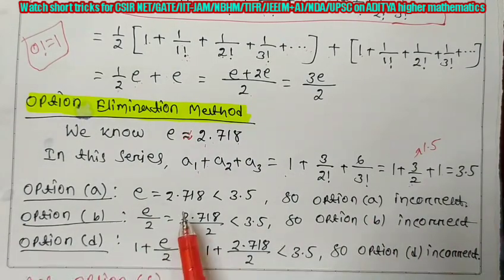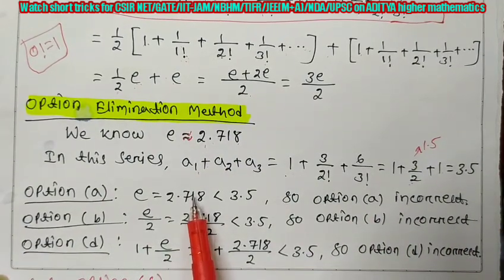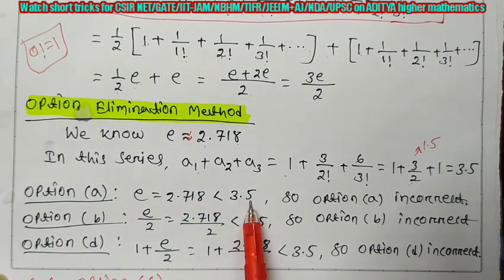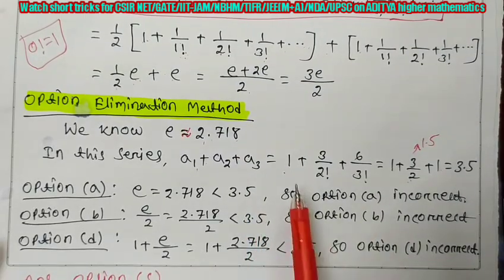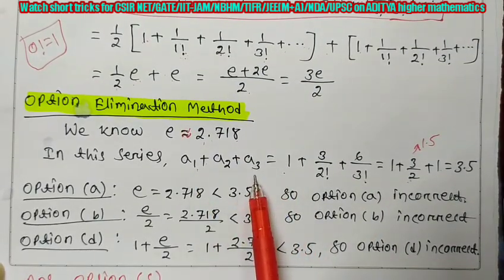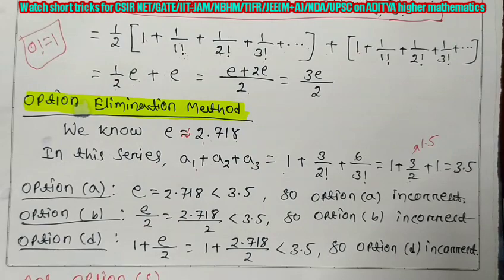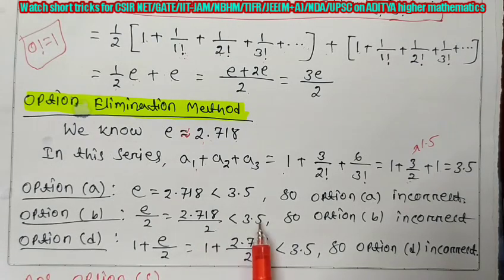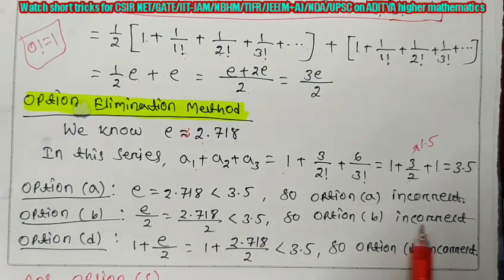Since here it is only 2.718, it is obviously incorrect, because the value of the series must be greater than 3.5. Likewise option B is incorrect, because e by 2 is 2.718 by 2, which is also less than 3.5.